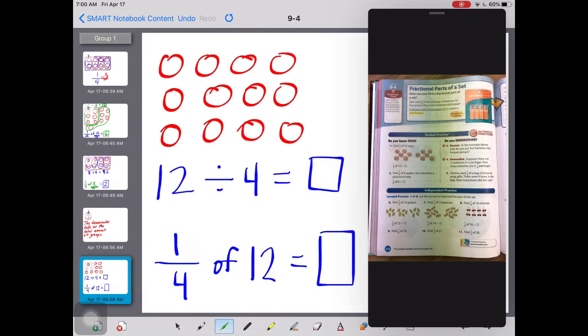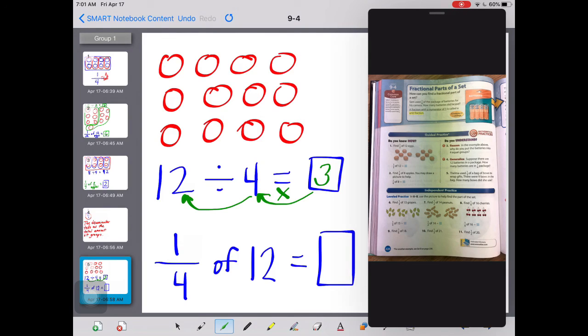So I'm going to start dividing them up. 12 divided by 4. Well, if I remember from my multiplication, if I go backwards, I know that if I take this answer here, multiply it by 4, that will equal 12. And I remember from my multiplication flex that 4 times 3 equals 12.